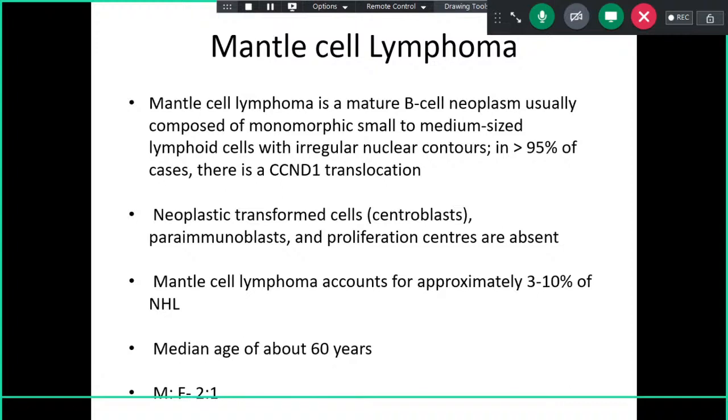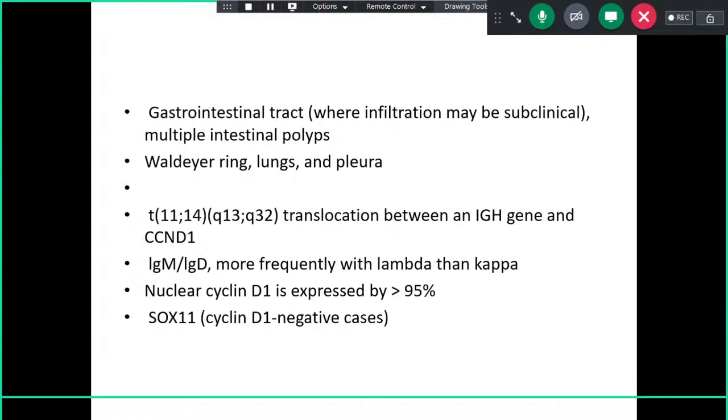Mantle cell lymphoma accounts for approximately 3 to 10% of all NHL. Again, it is more of an old age malignancy, like CLL and follicular. Male to female ratio is a little bit male predominant. What are the most common sites apart from the lymph node?